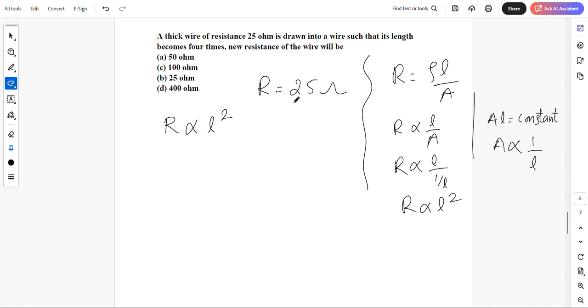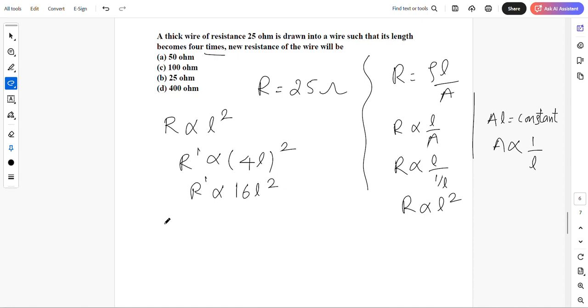So R is 25 ohm, given. R dash is how much? R dash is proportional to length 4 times, that is 4L, the whole square. So R dash is proportional to 16 L square.